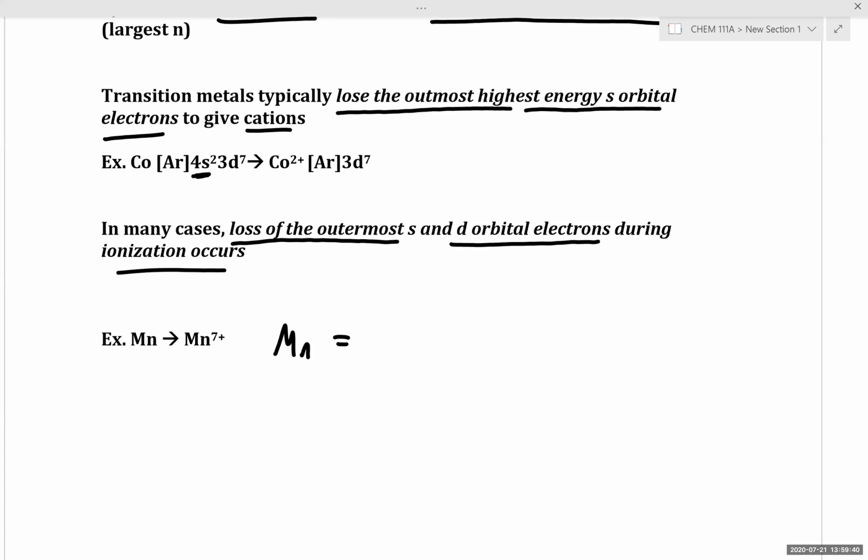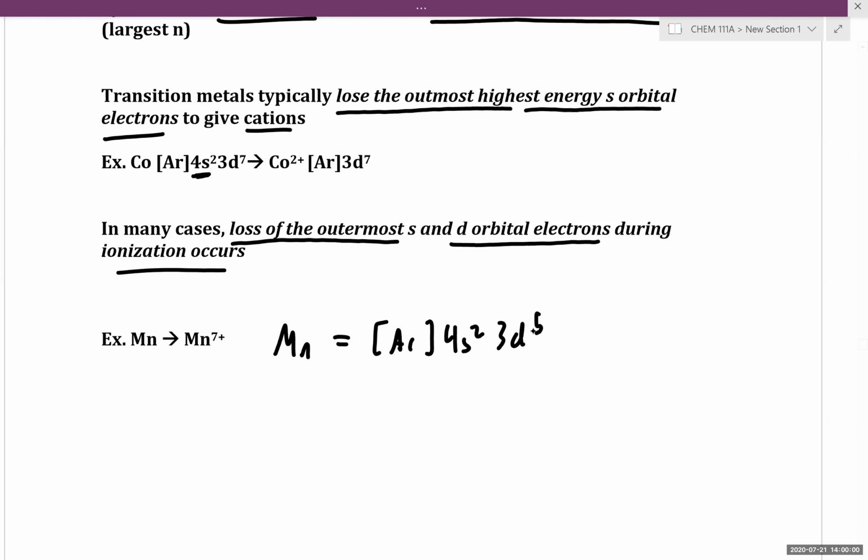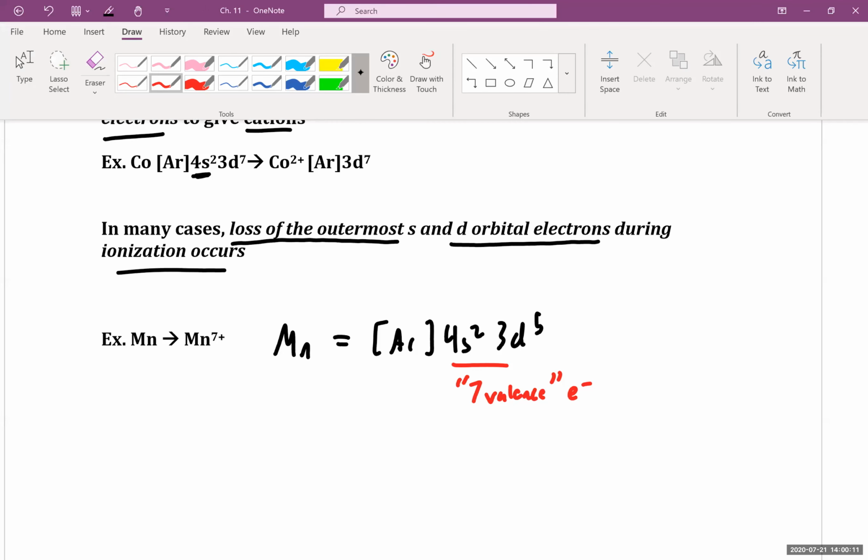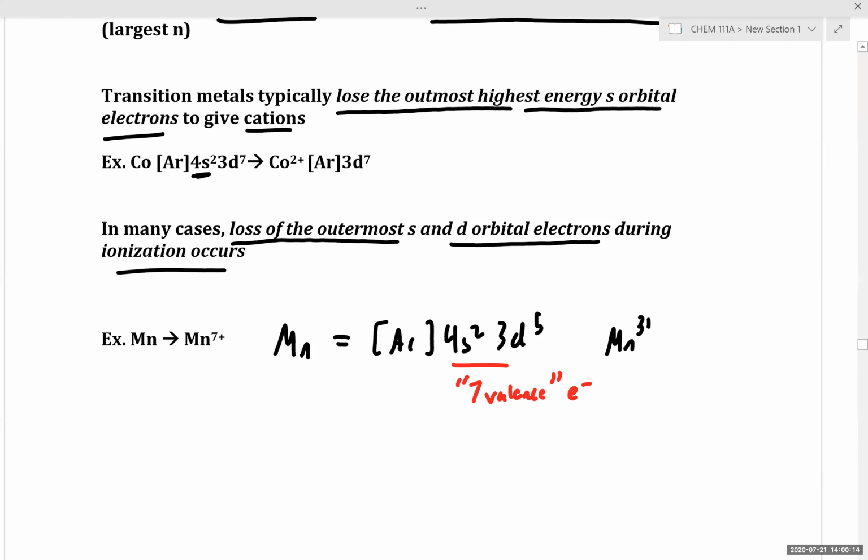So manganese has a configuration of argon 4s2, 3d5. So during ionization, we can lose our 7 valence, quote unquote, electrons and generate manganese 7+, which has a configuration of argon.